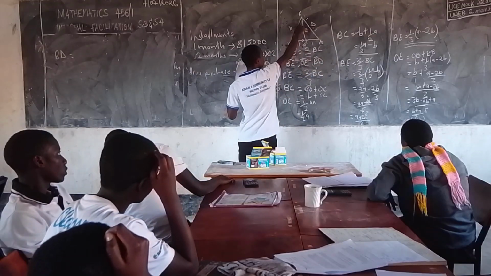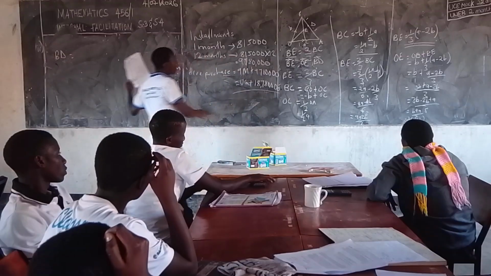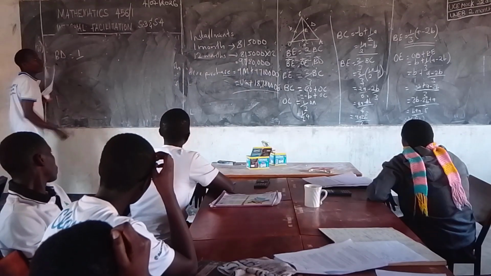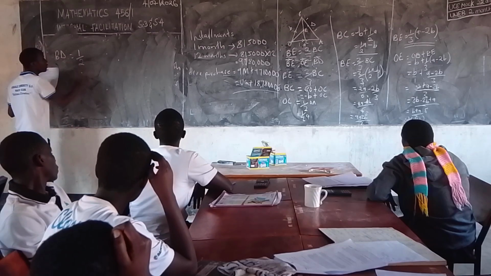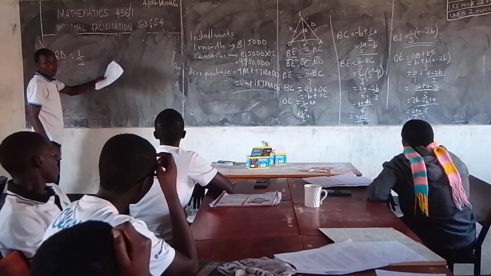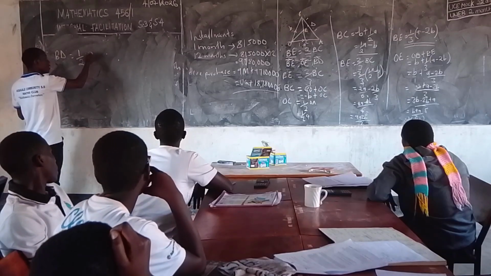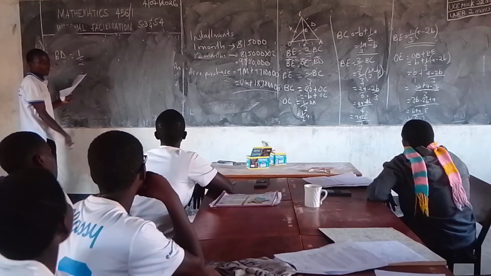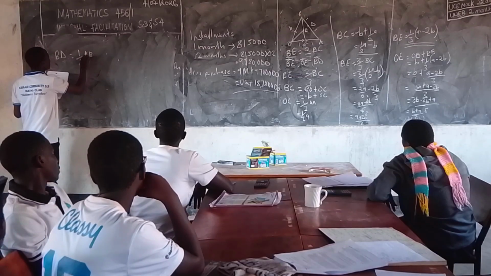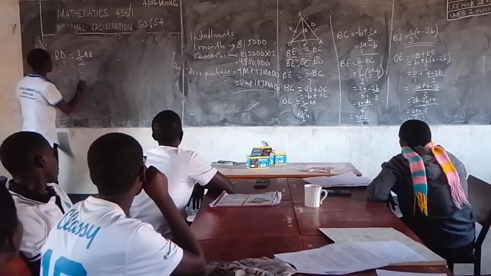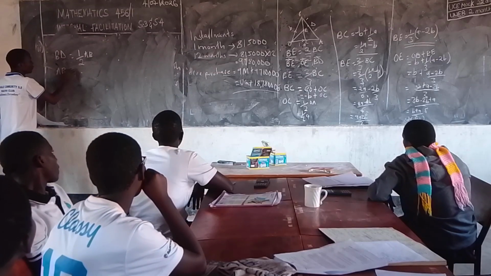And we have BD, which is just one part over the two parts of line AB, as it was stated in the scenario. So we can get our line AB.